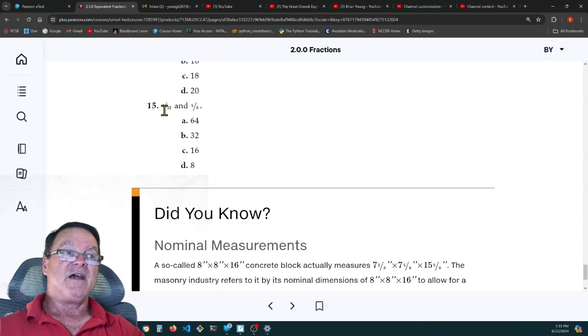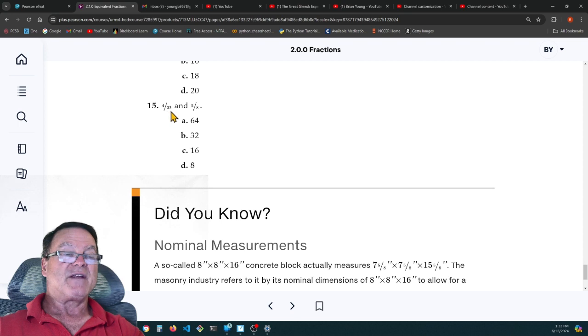And lastly, I have 4/32 and 5/8. 8 times 4 is 32. So we can have the common denominator of 32. You know, we could actually have a common denominator of 16, couldn't we?